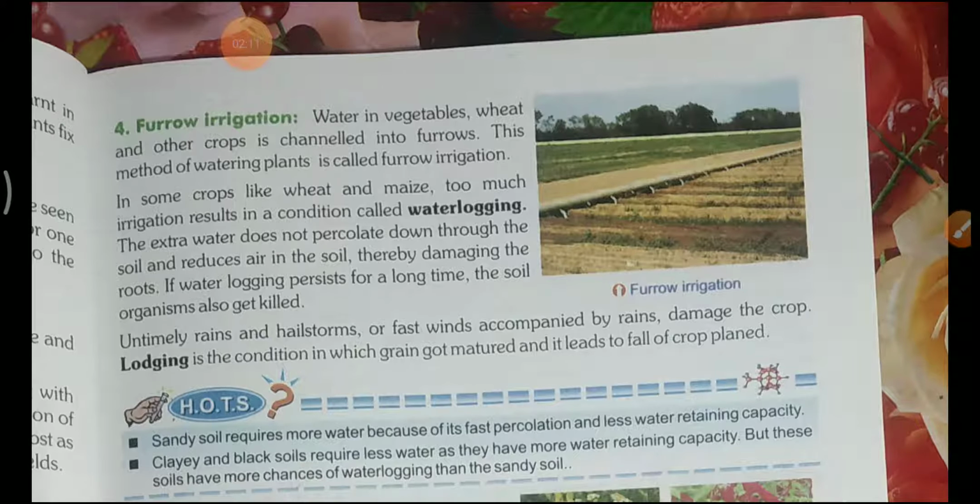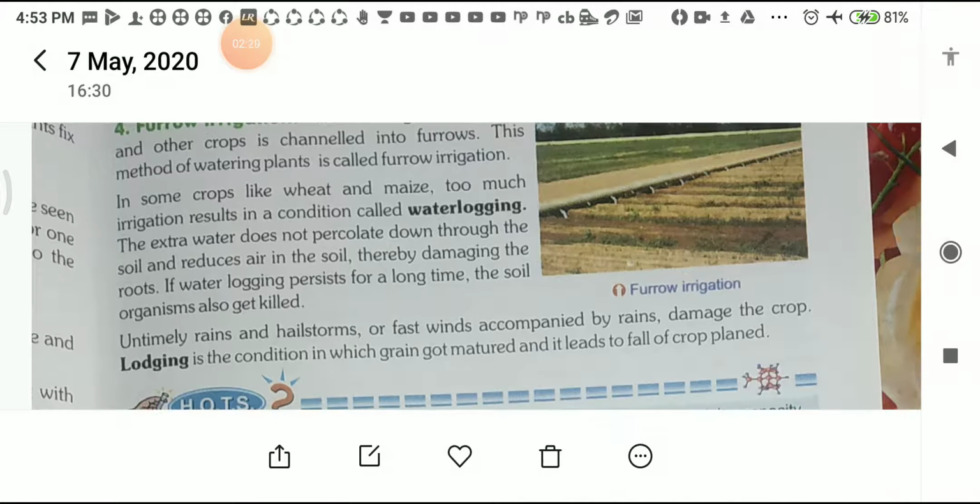This is called excessive irrigation or waterlogging. And excessive irrigation is not good for wheat and maize. Why? Because the excessive water can destroy the wheat and maize. That is called waterlogging.